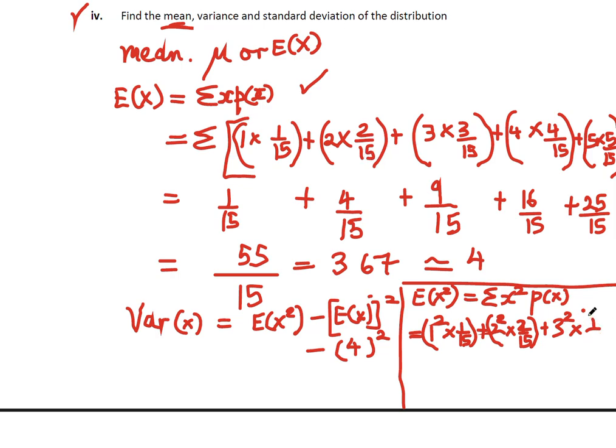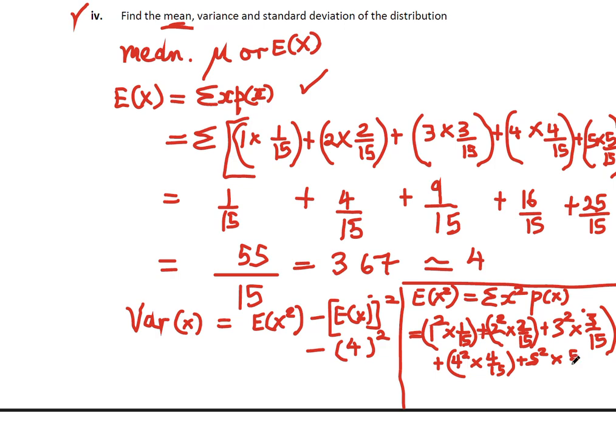Plus, then we go to 4 squared multiplied by 4 over 15. And finally, we go to 5 squared multiplied also by 5 over 15.